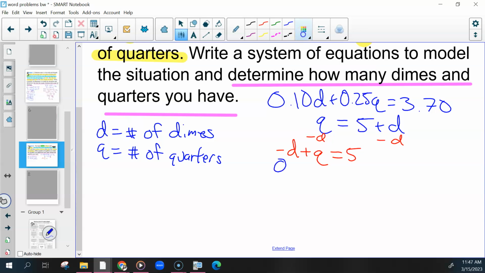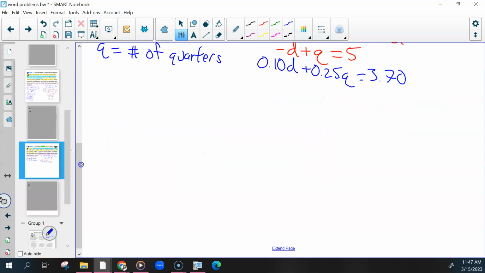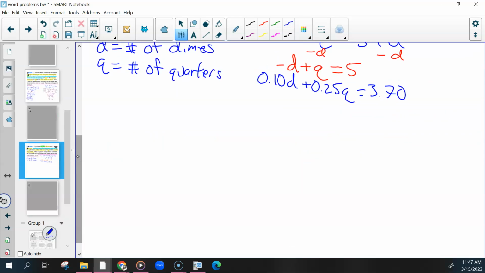And I'm going to rewrite this one below it. Because we have to find both number of dimes and quarters, it doesn't matter which one we eliminate first, because we'll have to go back and find the other. So do we want to eliminate dimes or quarters first?